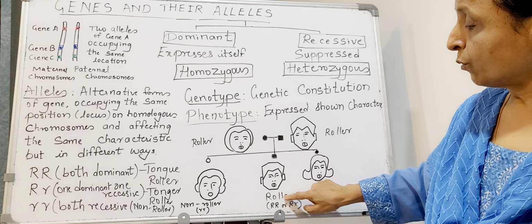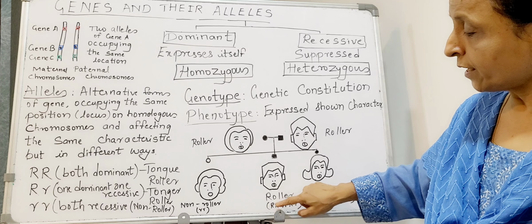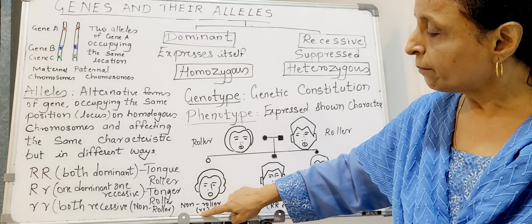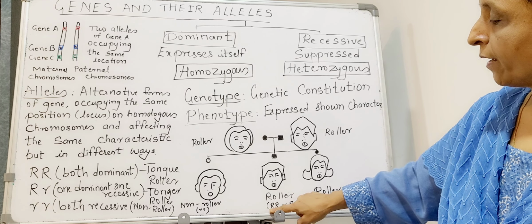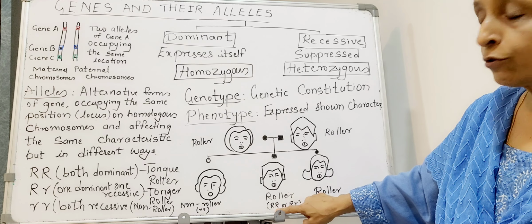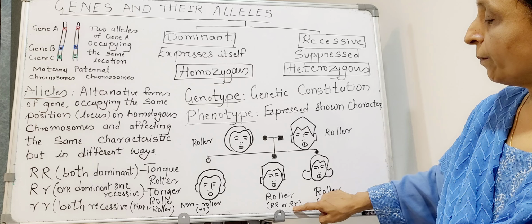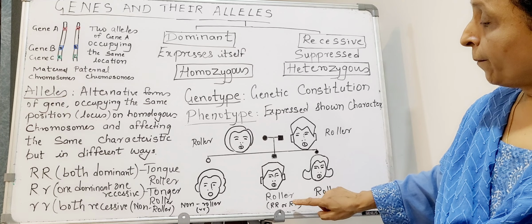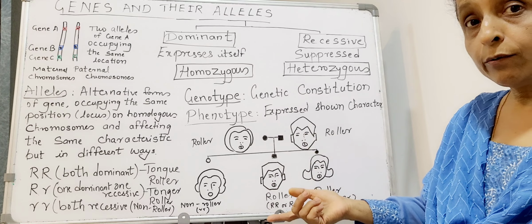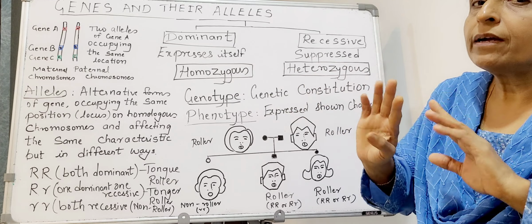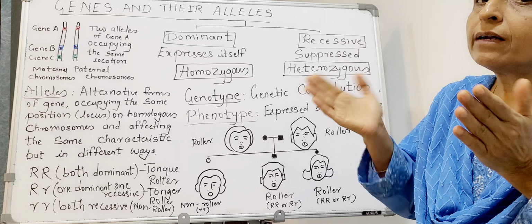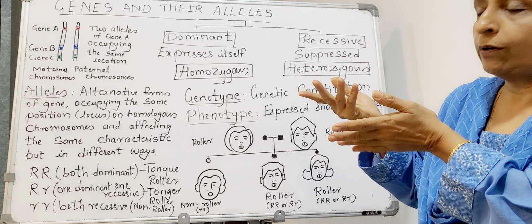This one is a roller, but the non-roller's genotype has to be small rr, while the rollers' genotype can be two big R or one big R and one small r, because they are rollers. The phenotype is roller, but the genotype can be capital RR or one capital and one small r.